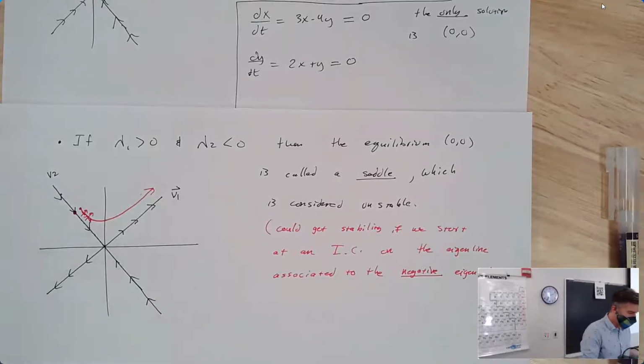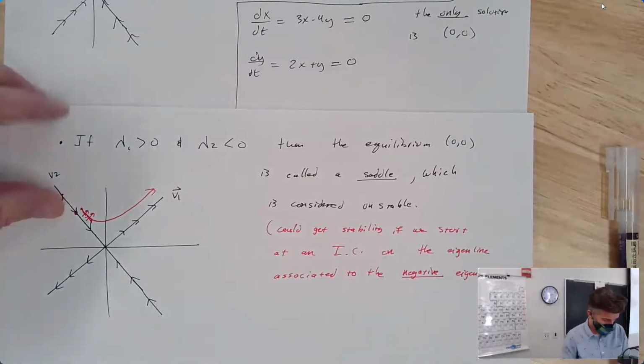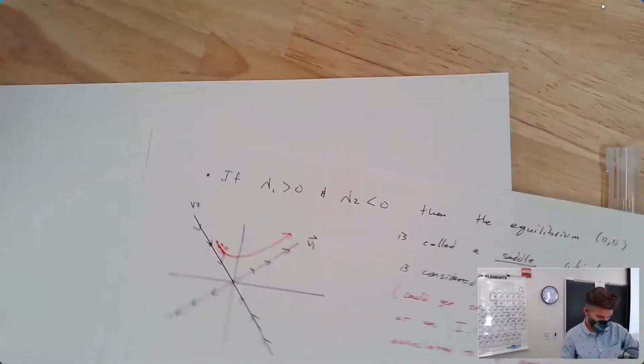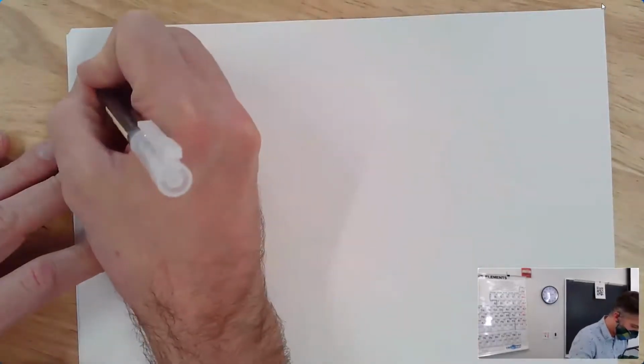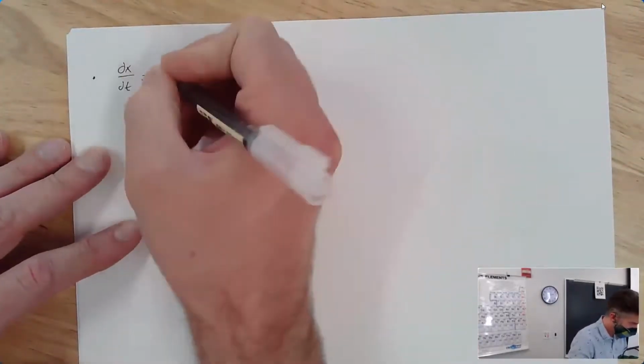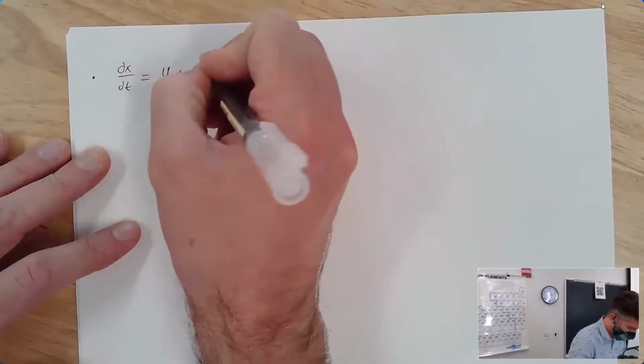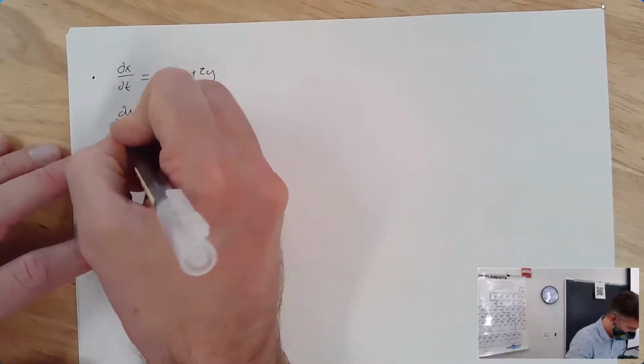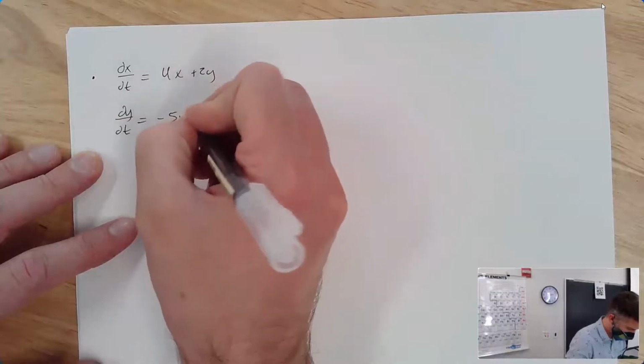So the nice thing about this is you don't have to do a bunch of work to know how to classify the system. Meaning, let's say our system was dx/dt equal to 4x plus 2y, and dy/dt equal to negative 5x plus 3y.